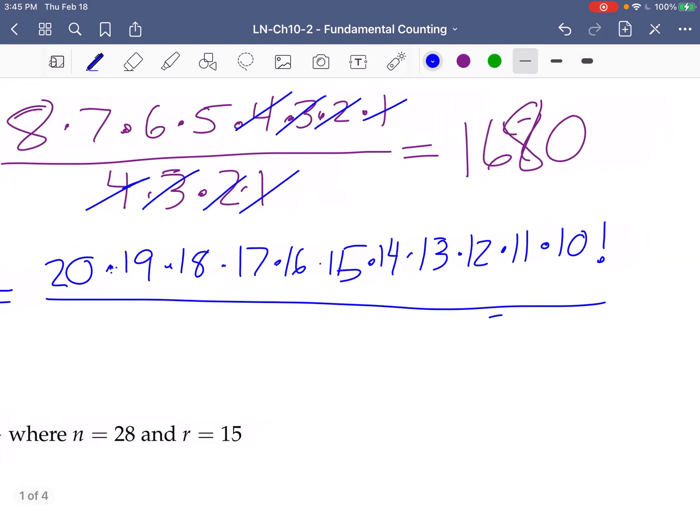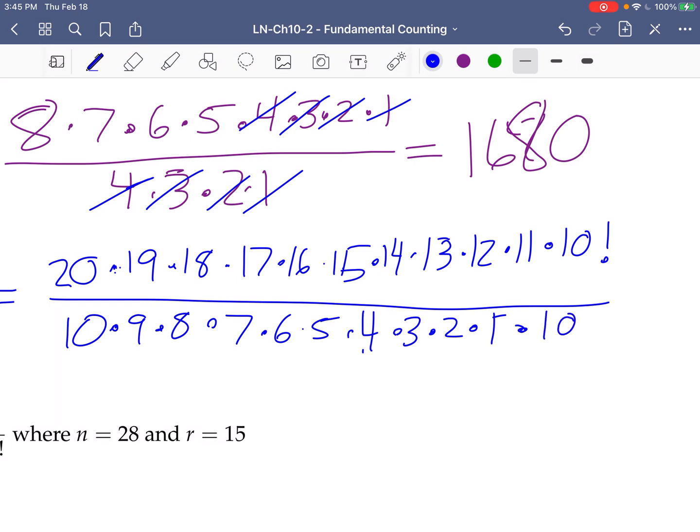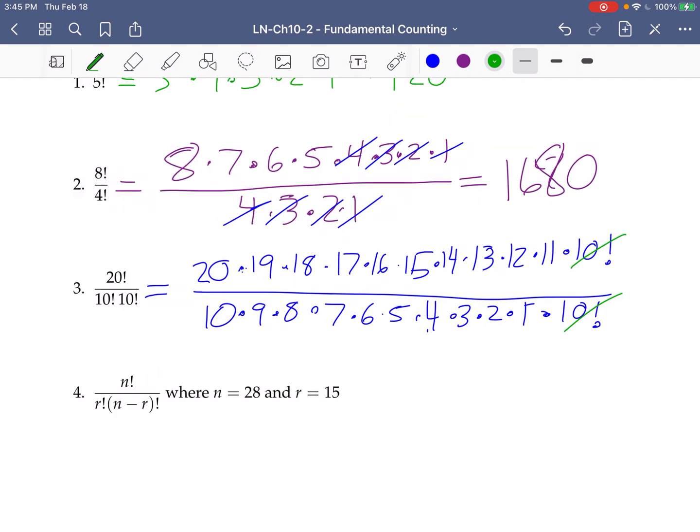And on bottom, we have a 10 factorial, so 10 times 9 times 8 times 7 times 6 times 5 times 4, 3 times 2 times 1, and then we have a second 10 factorial, right? So we have two 10 factorials on bottom. One of those will cancel with this. The other, we can do lots of piecewise cancellation.